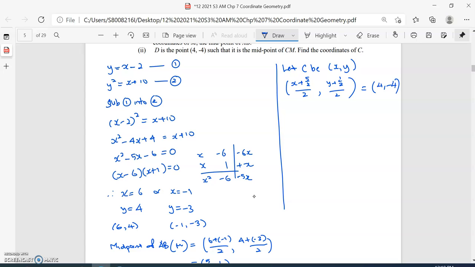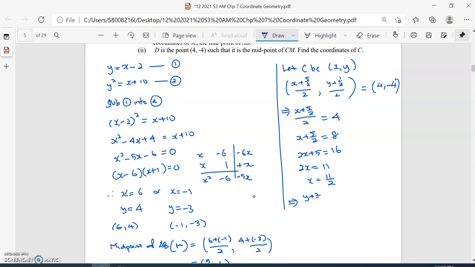So the conclusion I can draw is (x plus 5 over 2) over 2 equals 4 for the x coordinate. x plus 5 over 2 equals 8 if I multiply both sides by 2. Then multiplying by 2 again, I get 2x plus 5 equals 16. So 2x equals 11, x equals 11 over 2.